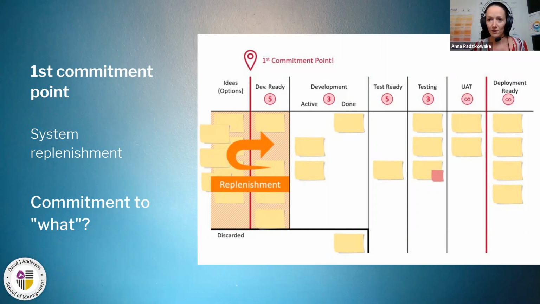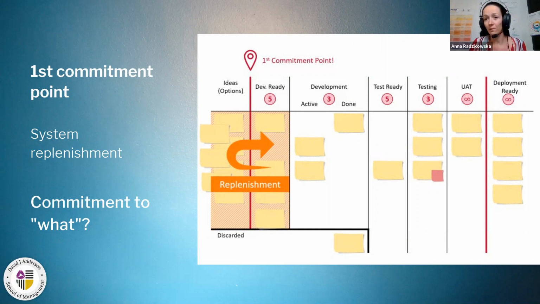That two sides of the project, the upstream side of the process and the downstream side of the process, they both commit and they both agree that on one hand, we as customer know what we want you to deliver for us, and we know that we are not going to change our minds. On the other hand, the delivery side of the process says that we as delivery understand your requirements.